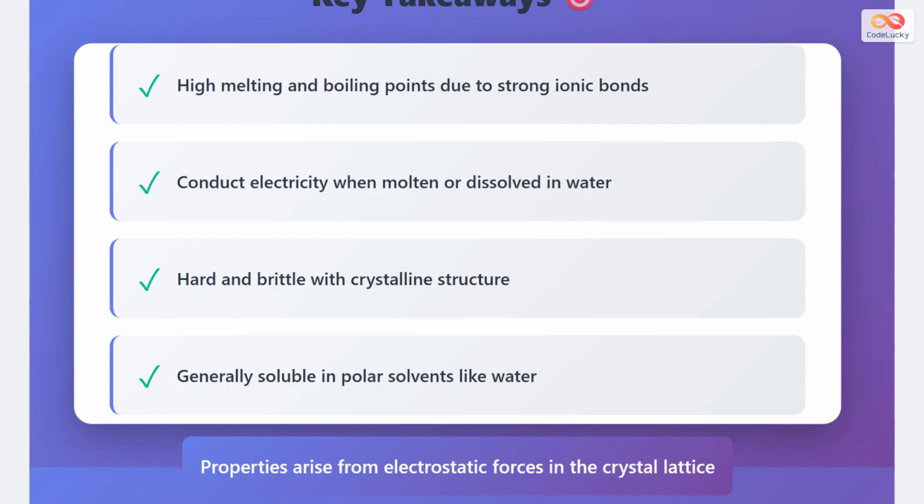Fourth, they are generally soluble in polar solvents like water. All these properties arise from the fundamental nature of ionic bonding and the electrostatic forces within the crystal lattice. Understanding these properties helps us predict how ionic compounds will behave in different conditions and explains their many practical applications in chemistry and industry.